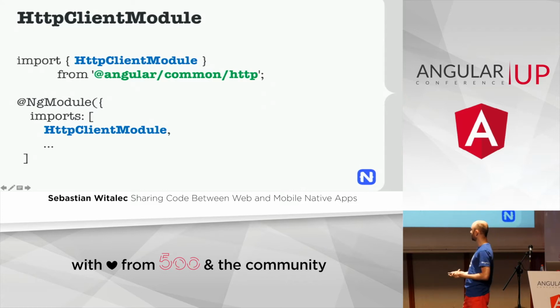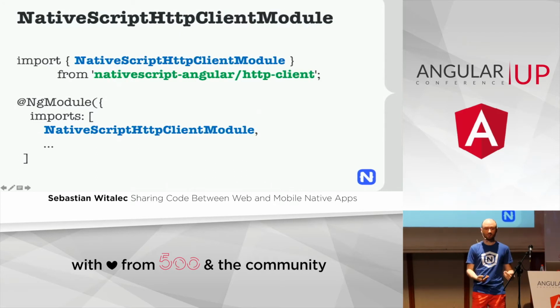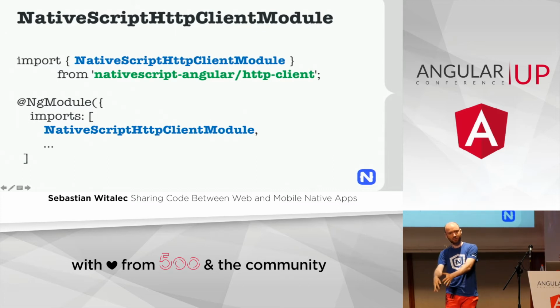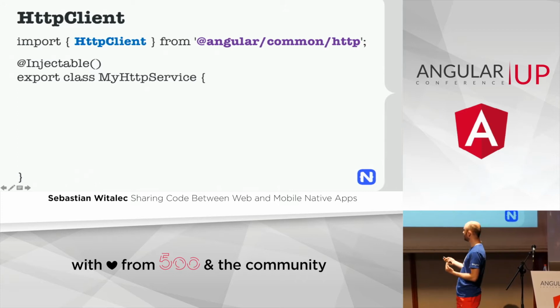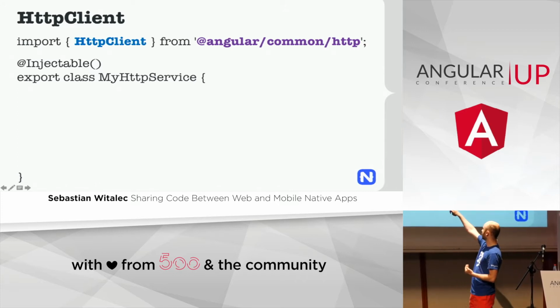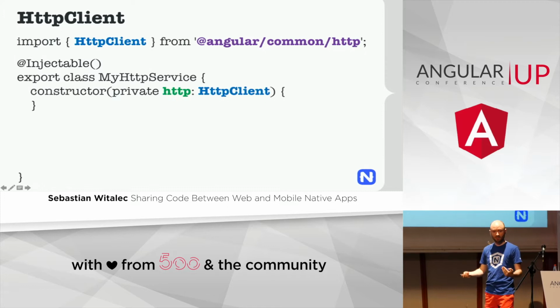In the web application, we're going to import the HttpClient module and add it to our ng module. For NativeScript, we basically have an equivalent for it, so we use dependency injection for that. We import the NativeScript HttpClient module and then inject it into NativeScript's ng module. Later on, if we have some sort of service, my HTTP service, we're going to use the HTTP client, which is generic.